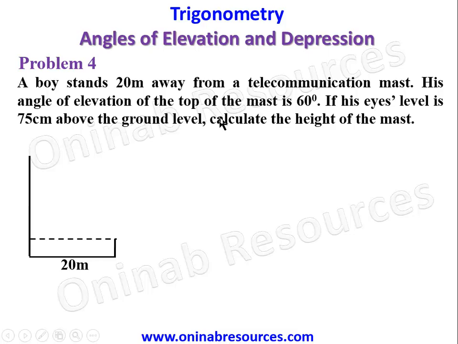The angle of elevation of the top of the mast is 60 degrees. His line of sight is this, and the boy's eye level is 75 centimeters. Converting it to meters, we have it as 0.75 meters.